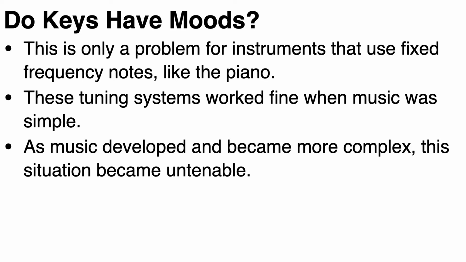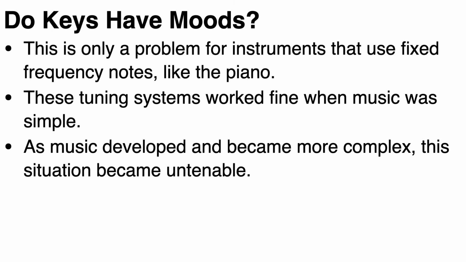This is because they can change the frequency of each note depending on what key they are in. A vocalist or violinist can play the note E at 125 Hz in C major and the note E at 128 Hz in the key of C sharp minor. A piano, unfortunately, does not have this flexibility.